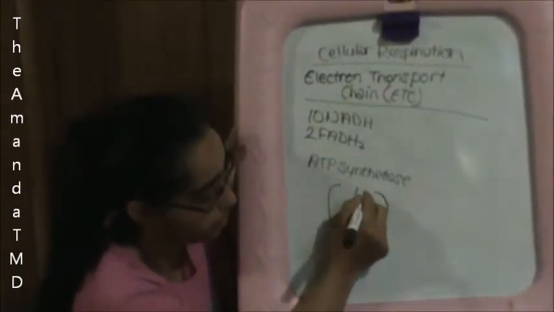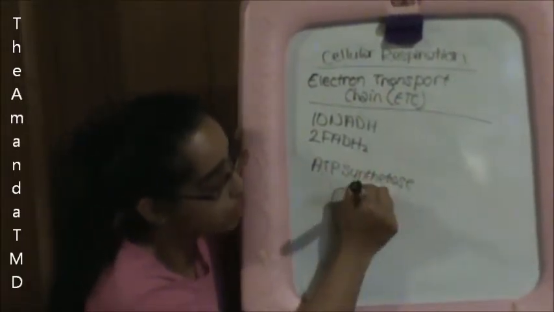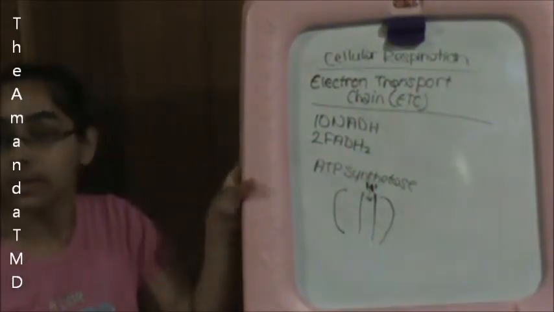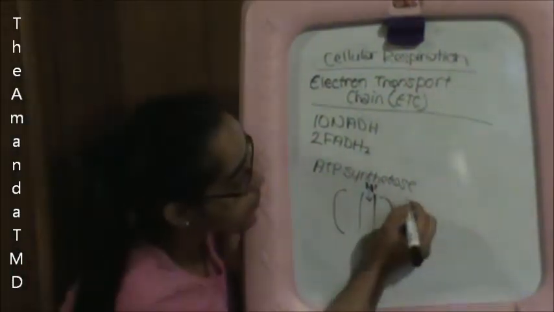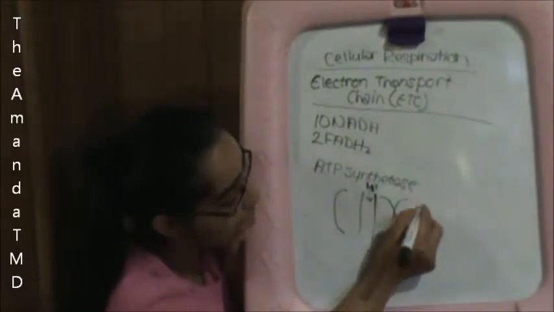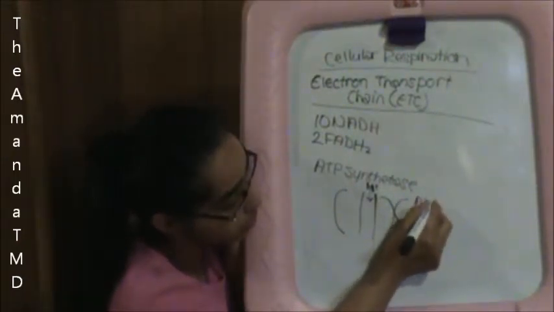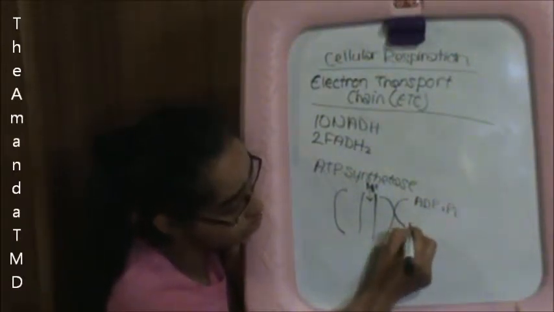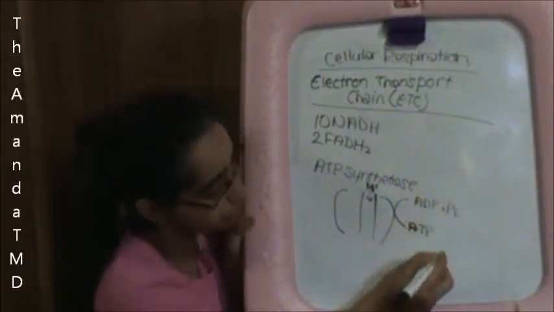So I have ATP synthetase, which has a channel in between, so I'll just quickly draw something that looks like the enzyme. And it runs a proton gradient through it, which is just H plus ions, okay? And it uses ADP molecules plus Pi to give you your ATP.